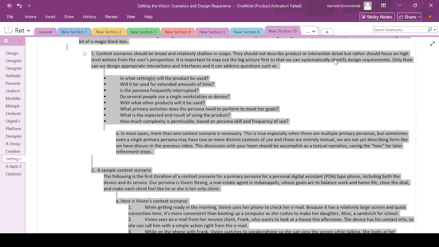So it should be broad because we're not focusing on the detail yet, and that will be the focus of the increasing detail when redesigning the interface based on this. So it should be broad and relatively shallow in scope.